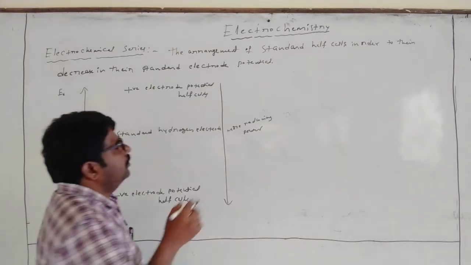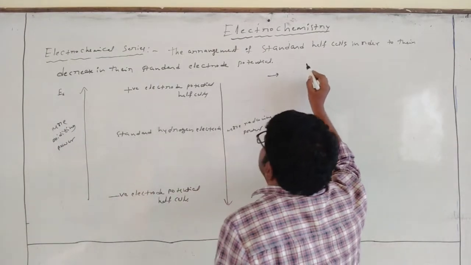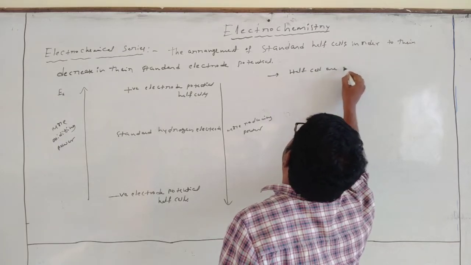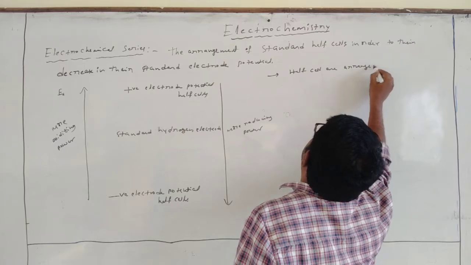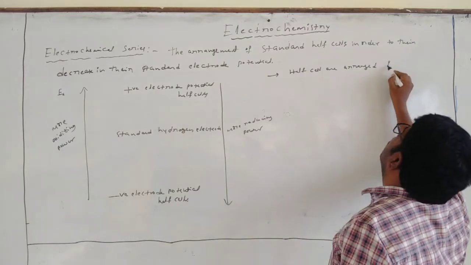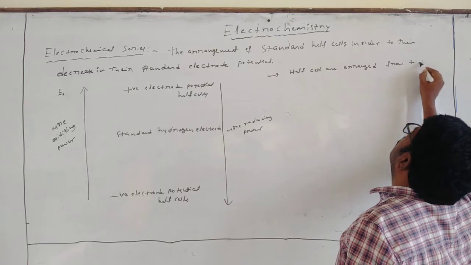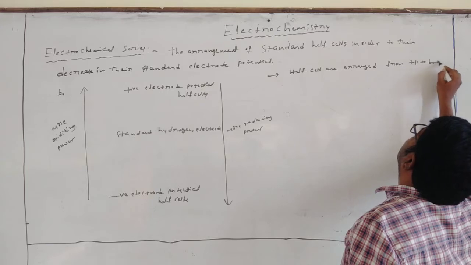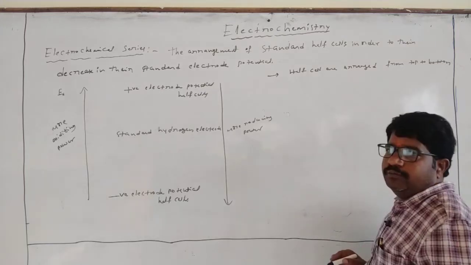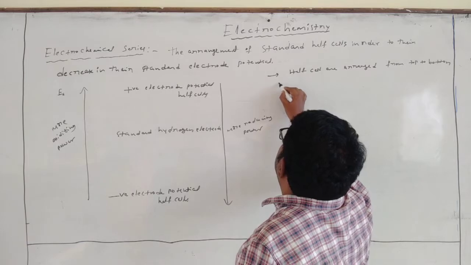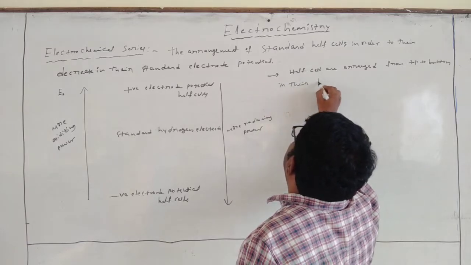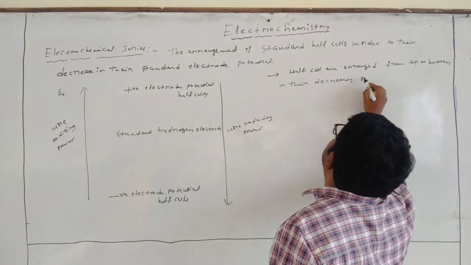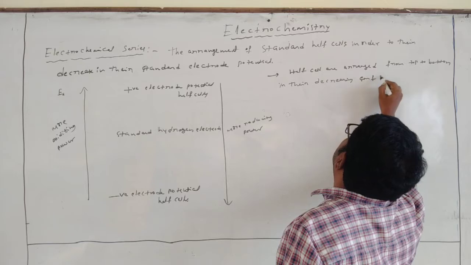So here we have to write: half cells are arranged from top to bottom in their decreasing potential, that is EMF.